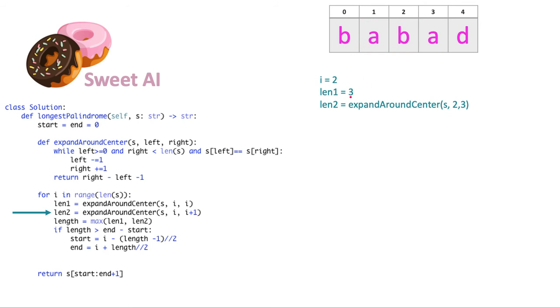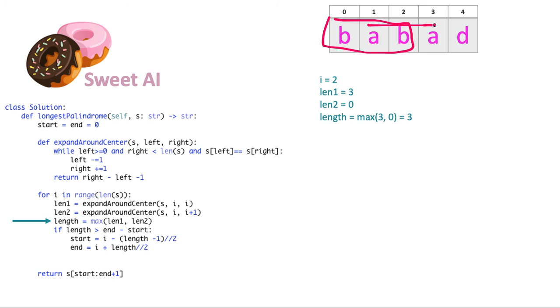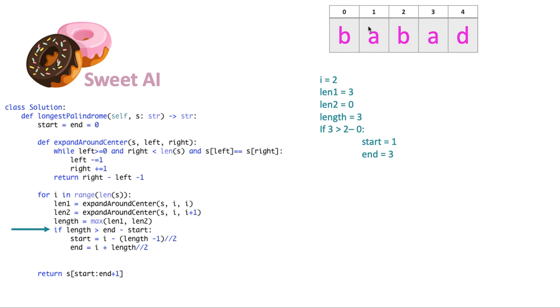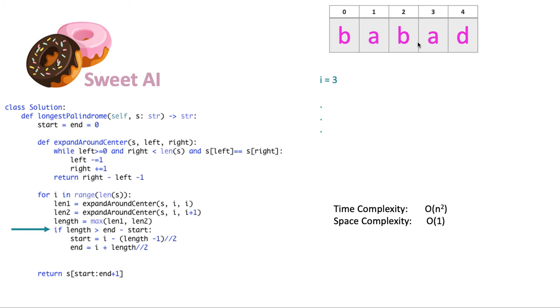Then it's going to check these two to see if first of all these two are palindromic, and if they are, then it's going to check the other characters beside it, which are not palindromic, so it's going to be 3. It's the same as before. This one's length was 3 and this one's length is 3 too, so it's the same, but it's going to update the start from here to here, and then keeps doing that.